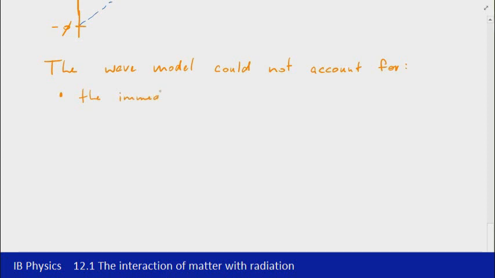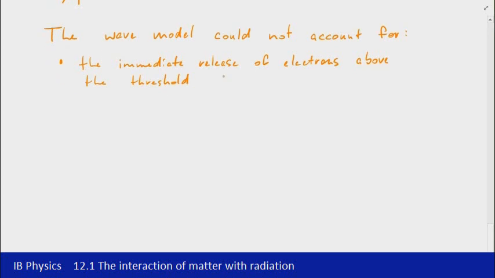First, it couldn't account for the immediate release of electrons. The reason for that is, if you go back and think about the wave model, if we think about energy being continuous rather than discrete or quantized as we are now dealing with, that would suggest that for any wave or any frequency, we should be able to have electrons being ejected.